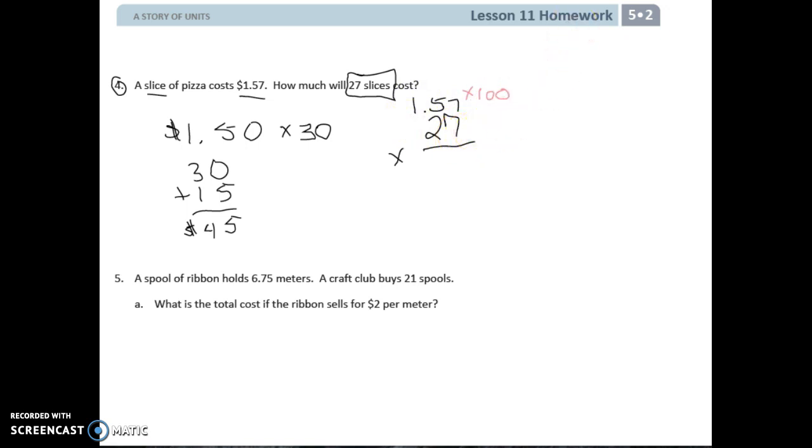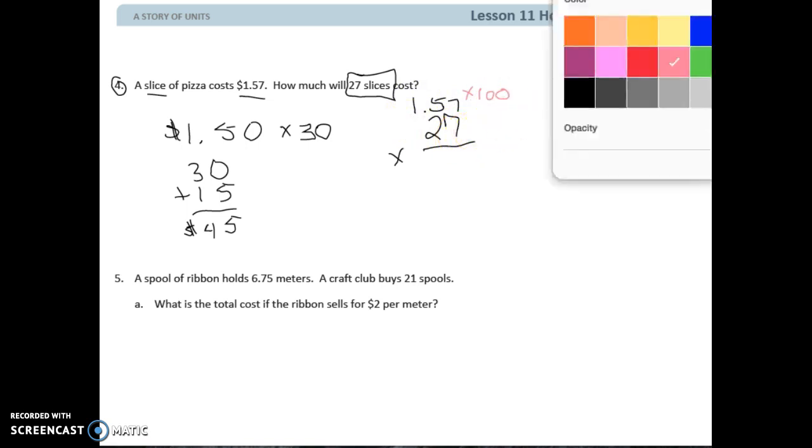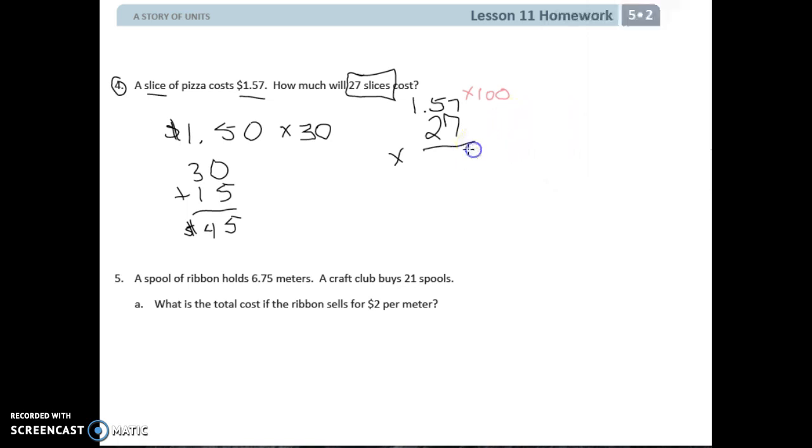And then we know that 7 times 7 is 49. Carry. 7 times 5, 35, 36, 37, 38, 39. There's our 9. Here's our 3. And now we go 7 times 1 plus 3 is 10. We're done multiplying by our ones place.